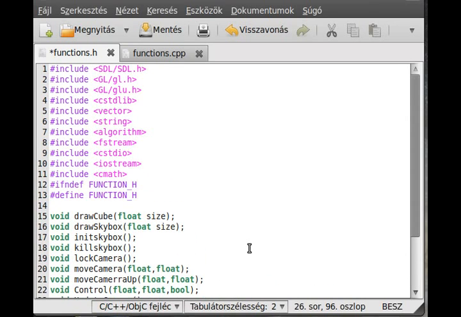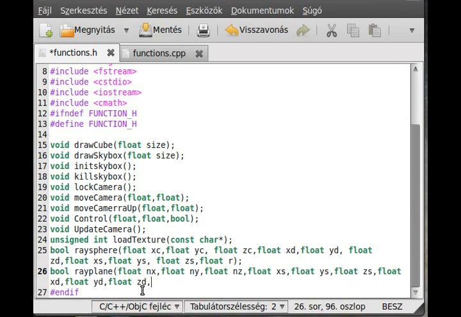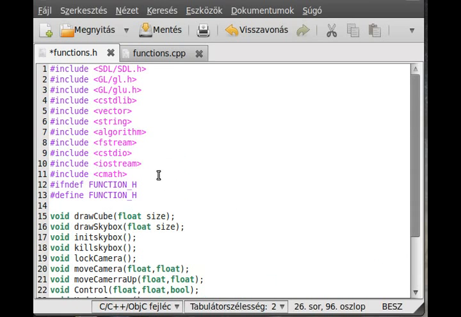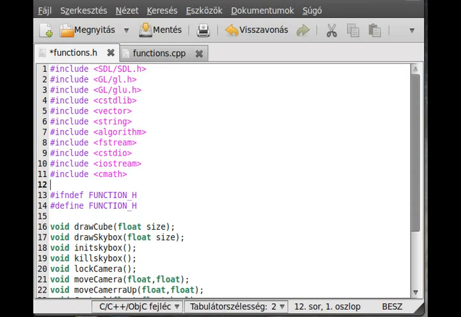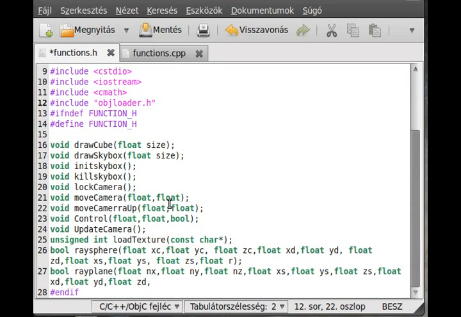Instead of writing 12 more float variables, I include the object loader here, so include obj loader. Now that I included the object loader header file, I can use the coordinate structure, which is basically just 3 float numbers.